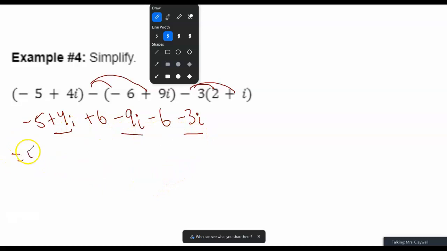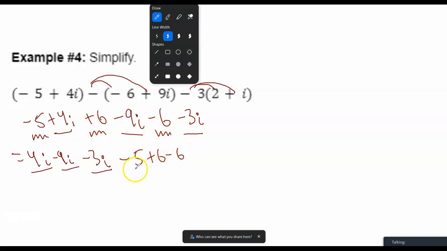If it's helpful, rewrite it with my real numbers and my imaginary numbers. And we end up with my real number and my imaginary number.